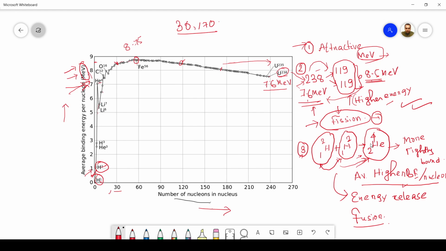In this case helium 4 has higher average binding energy per nucleon, and energy would be released, and the process is known as nuclear fusion. And iron has the highest average binding energy per nucleon value, which is 8.75 mega electron volt.